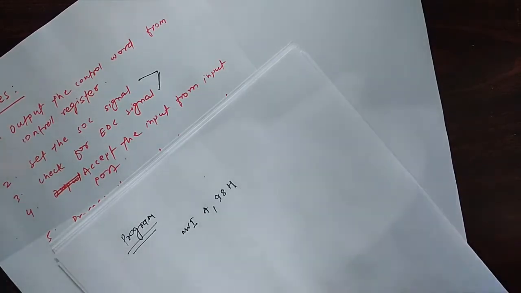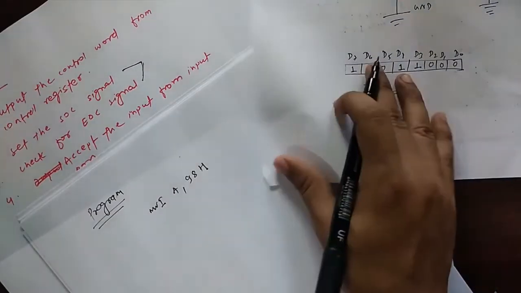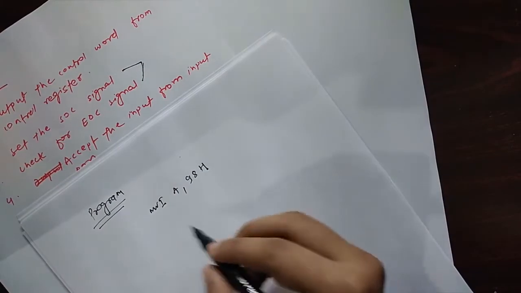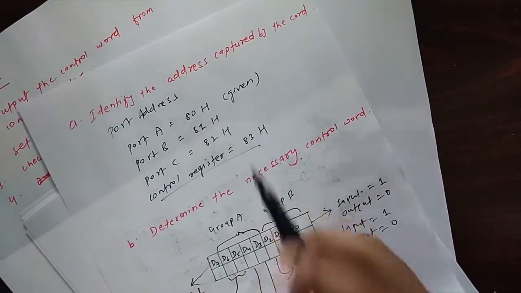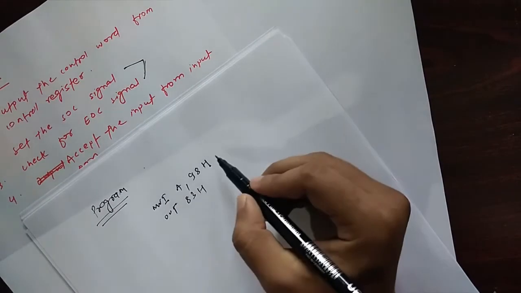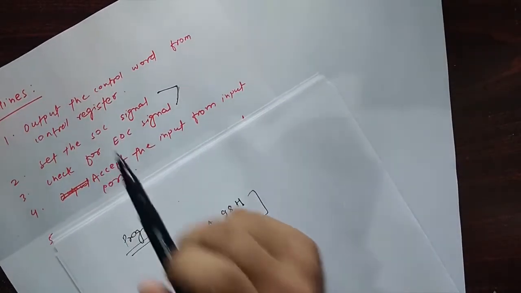As you can see, 98H is the control word. And then OUT 83H, the address of control register, as you can see here. So this is basically outputting the control word from control register.